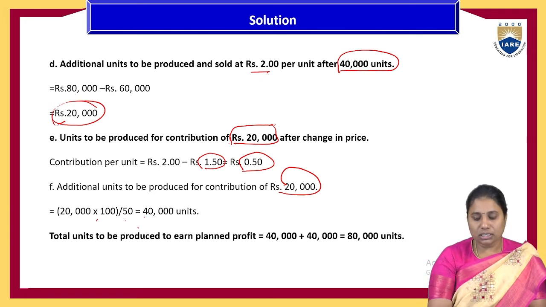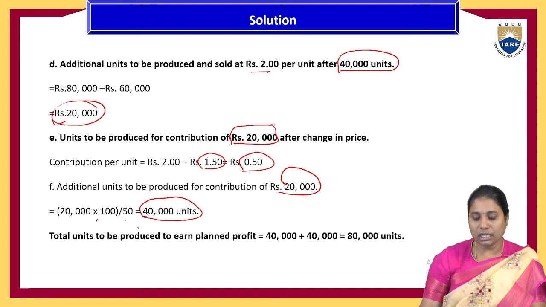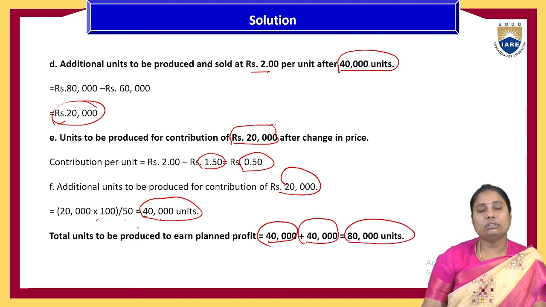So we got 40,000 units. So the total number of units is 40,000 plus an additional 40,000, which means a total of 80,000 units they have to plan to get the expected earnings out of this sales.